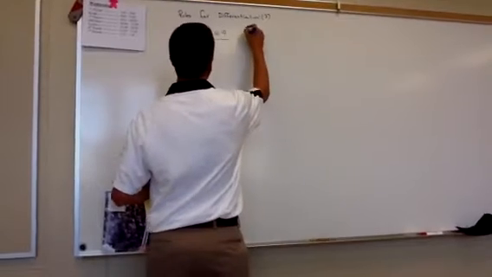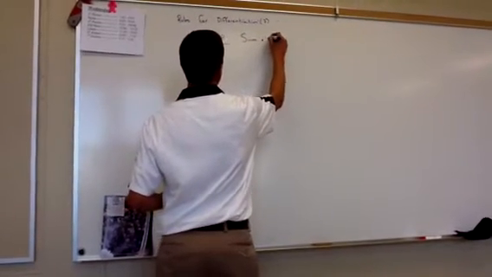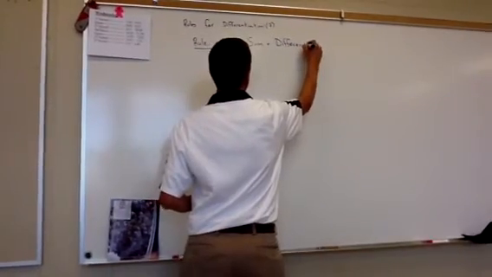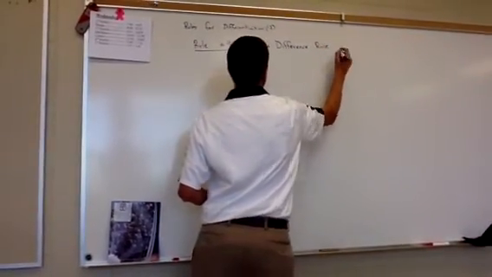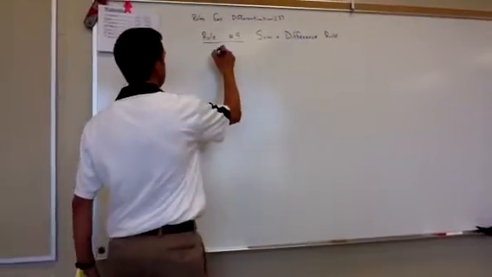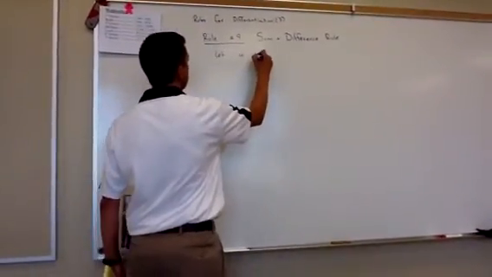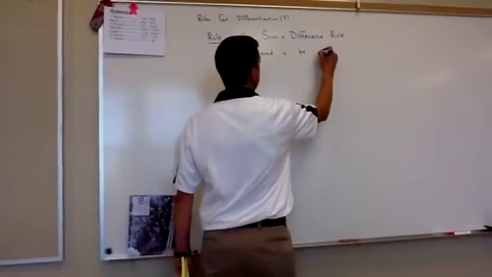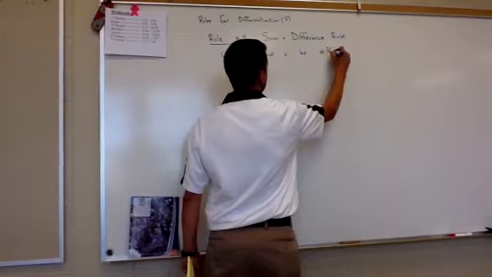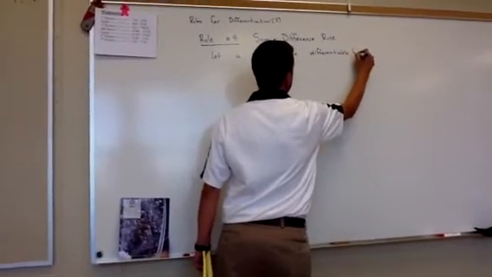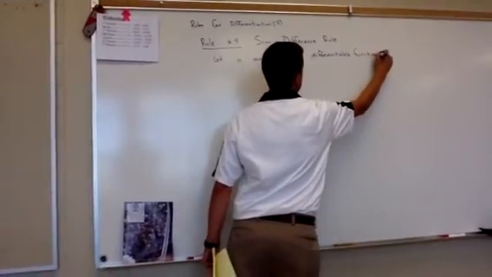Sum and difference rule. Okay. Sum and difference rule basically says let u and v be differentiable functions. Okay.